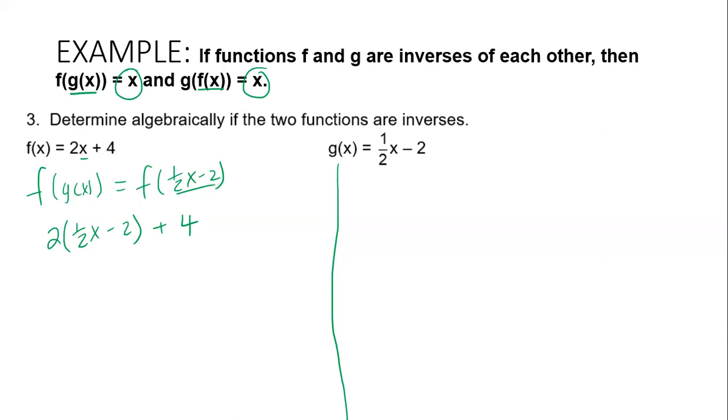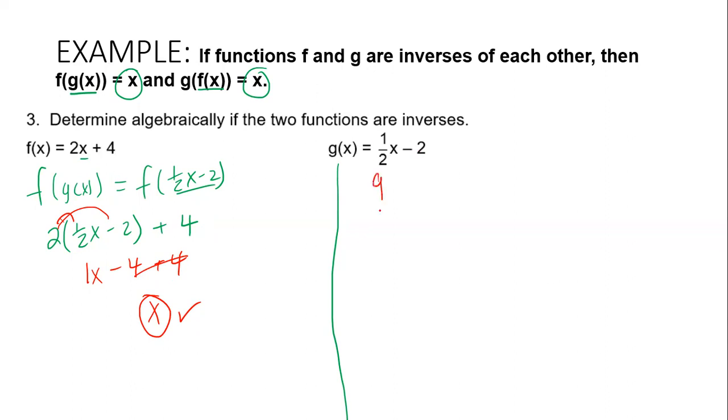So we're using our composition skills from before. Now we're going to distribute. Half of 2 is 1, minus 4 plus 4. What happens to the negative 4 and the positive 4? And I'm left with x. So far we're on the right path. Checks out on that side.